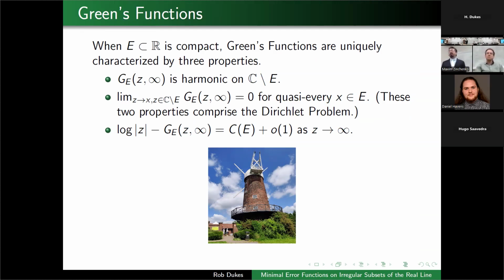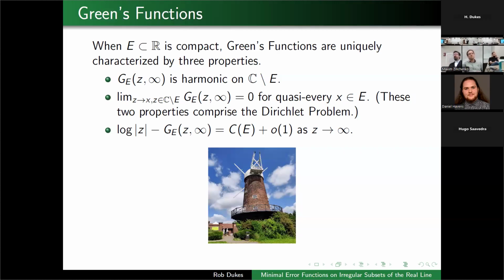And third, the difference between log of z and this function is bounded, and in fact gives you this new thing called capacity. So the Green's function will look very similar to log of the absolute value, log of the distance, near infinity. And this new quantity C of E falls out of it.